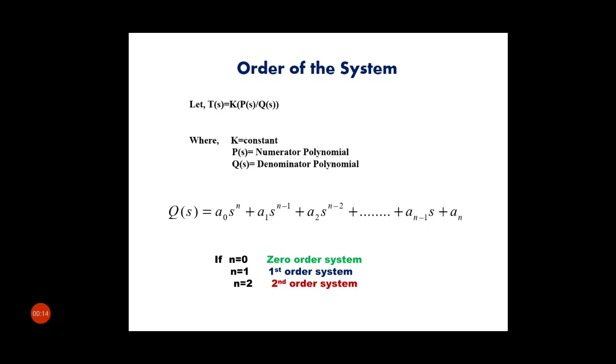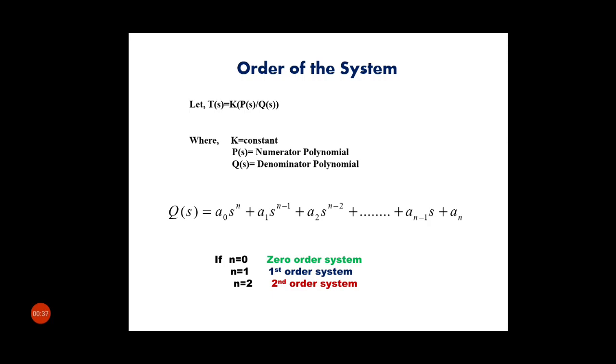See, in control system, especially in time domain analysis, we are going to hear this term, order of the system, like first order system, second order system, and so on. So what is meant by the order of the system?